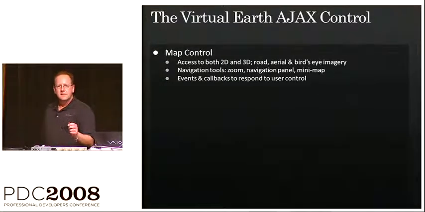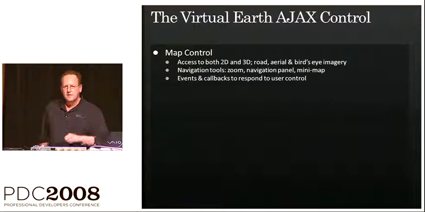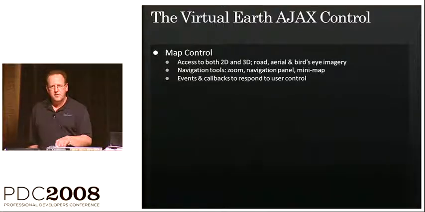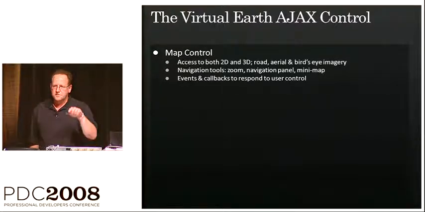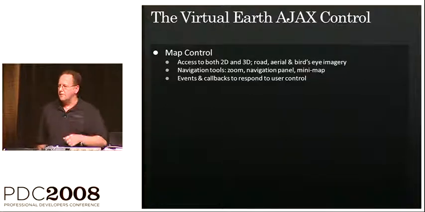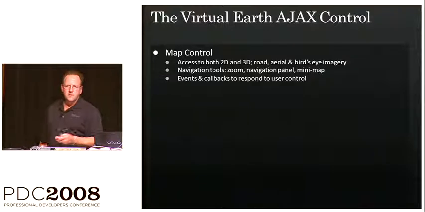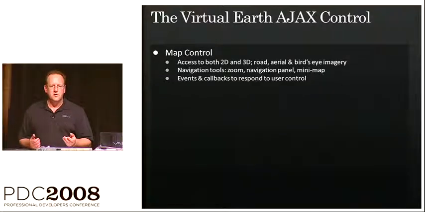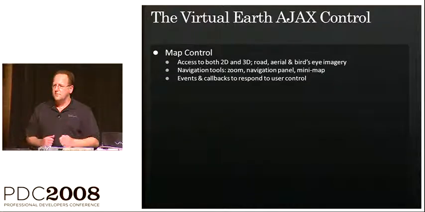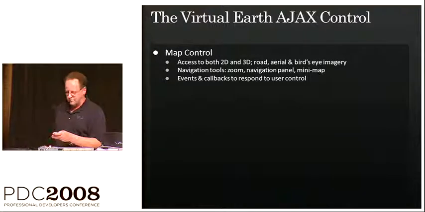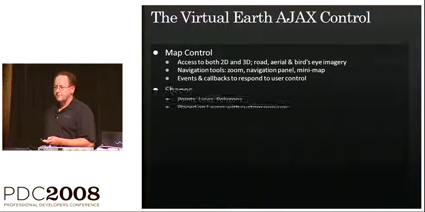And then secondly, navigation tools. So up on the left-hand side, navigation tools to be able to switch from different map styles and also to be able to zoom in and pan on the map. And then, of course, events and callbacks. So when you're writing your applications, allowing you the hooks to be able to capture the input from your users and then be able to provide a richer experience to them.